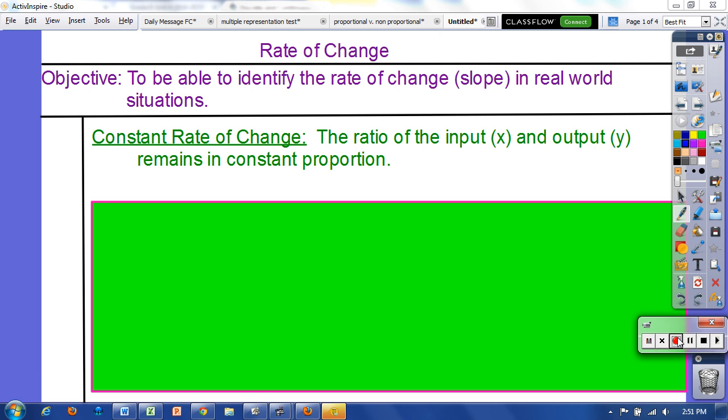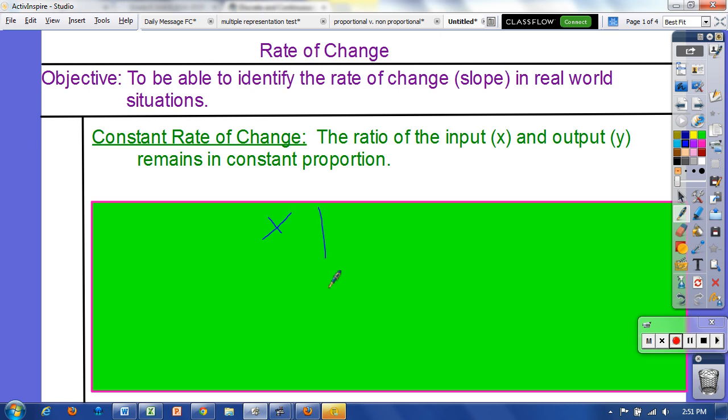Constant rate of change is the ratio of the input, which is x, and the output, and those have to remain at a constant proportion. So it's just like the constant of proportionality that we talked about yesterday in class.